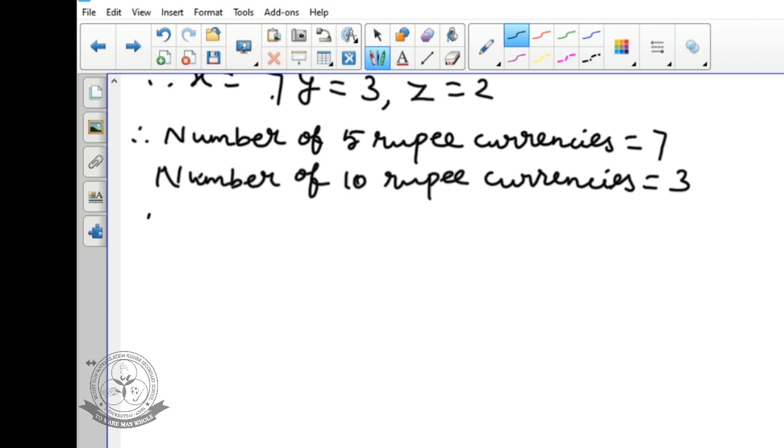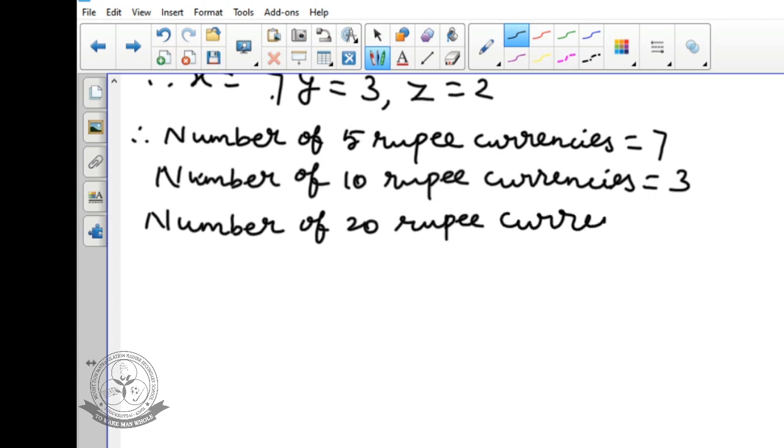Number of 20 rupee currencies equal to 2.